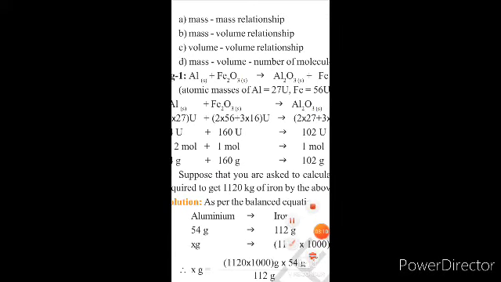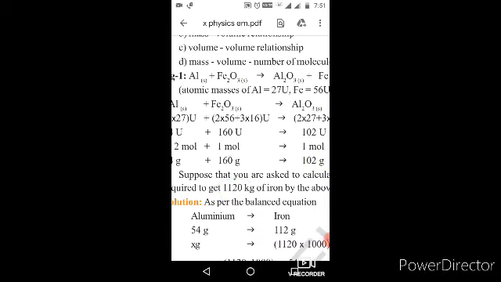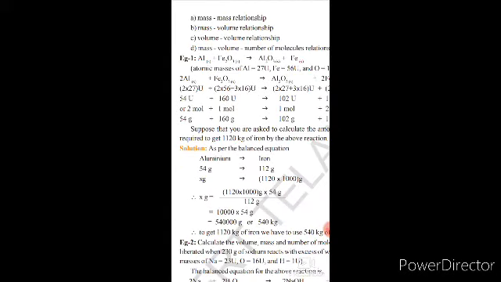As it is: 10 rupees, I already said, you have 10 rupees means you will get 20 chocolates. 30 rupees means how many chocolates will you get? Just like that, 54 grams means you will get 112 grams.